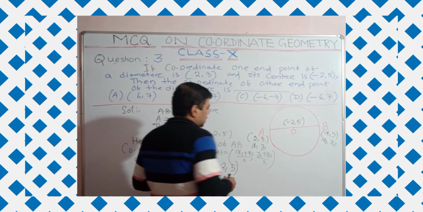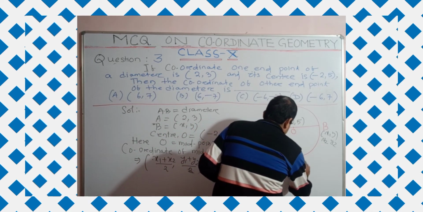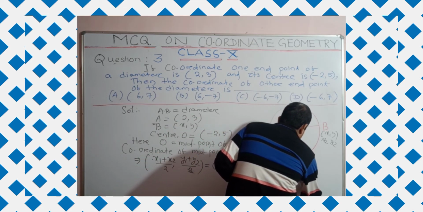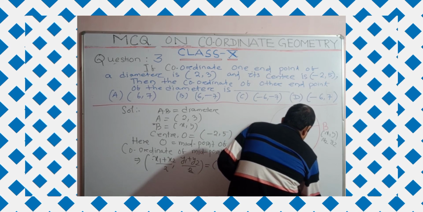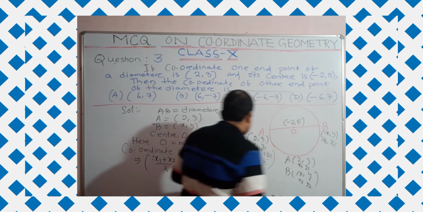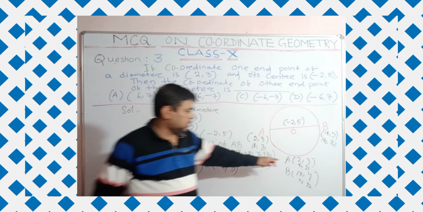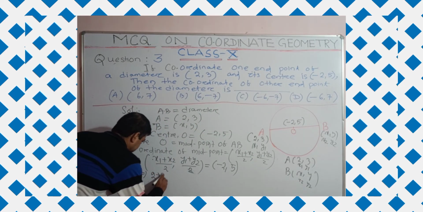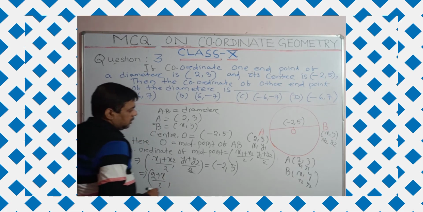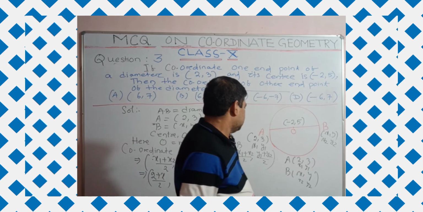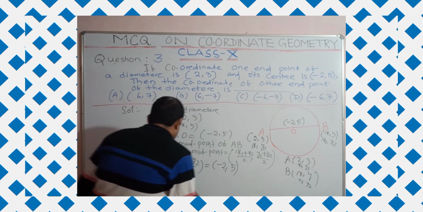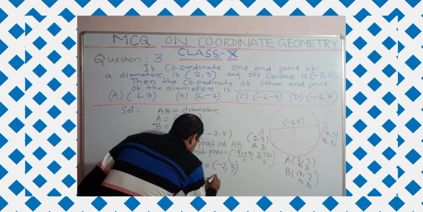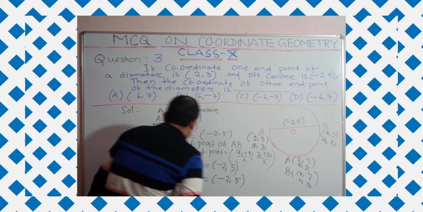The coordinate of A is (2, 3) and of B is (x, y). Here x1 is 2 and x2 is x, so we apply (2 plus x) by 2, and y1 is 3, so (3 plus y) by 2, equal to (-2, 5).